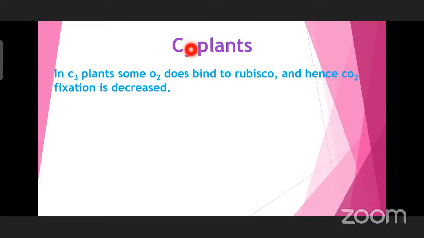So the drawback in C3 plants we are talking about is that generally it will undertake Calvin cycle, but sometimes the oxygen binding capacity of Rubisco will make it take photorespiration, which results in decreased carbon fixation, decreased glucose formation. The formation of glucose or photosynthesis rate will be somewhat decreased here because of this nature.